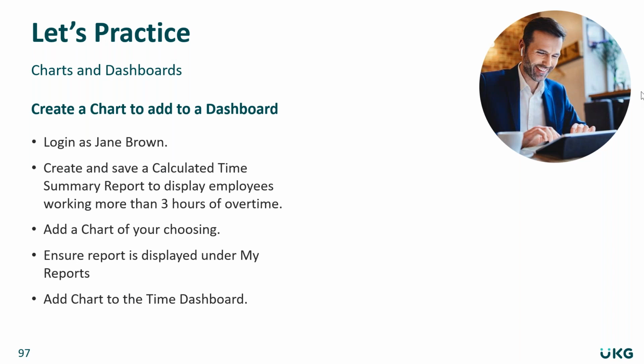Because that person, you've marked them, but we're logging in as Jane Brown, that means Jane Brown can't see anybody. So what you would want to do is just remove Katharina from the manager and add Jane Brown as a manager with all access. And as long as she's the manager of that all company employee group, then when you go to run that report, you'll be able to see that information.